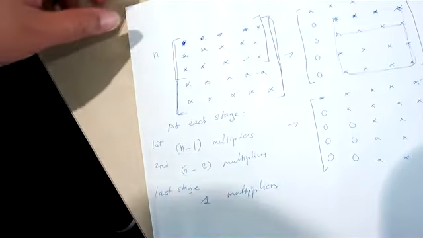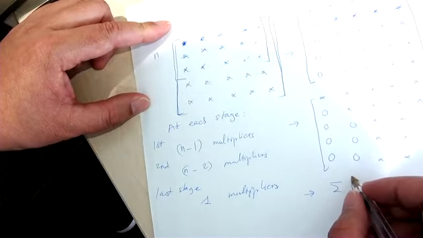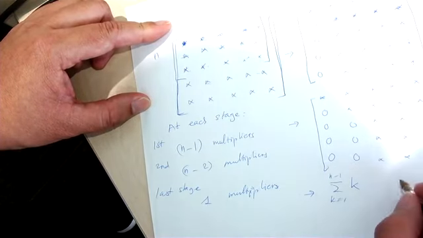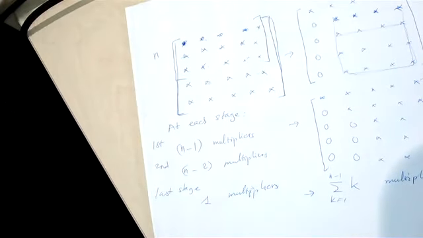So now I sum up: totally I have the sum of k from 1 to n minus 1 for multipliers. Okay? And now, how about the row operations?